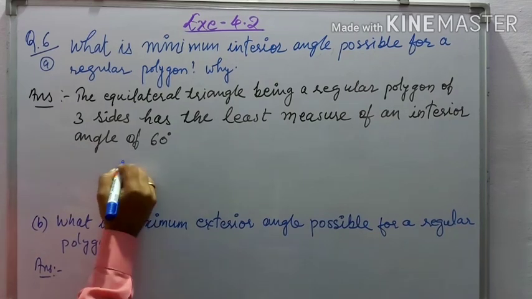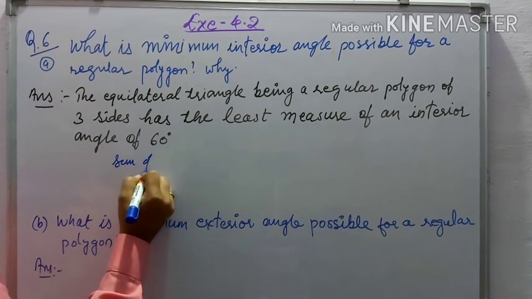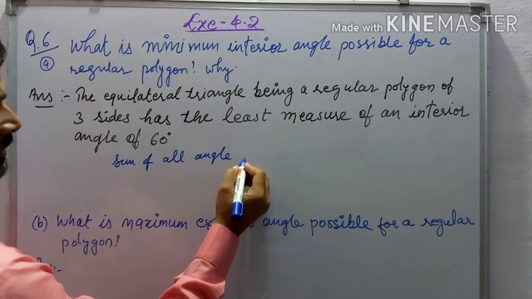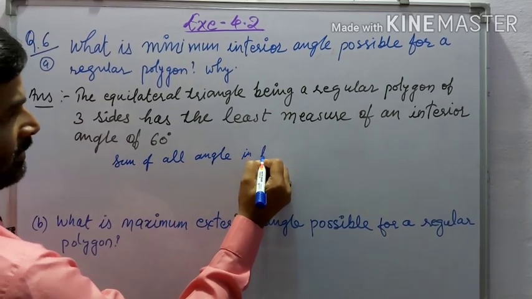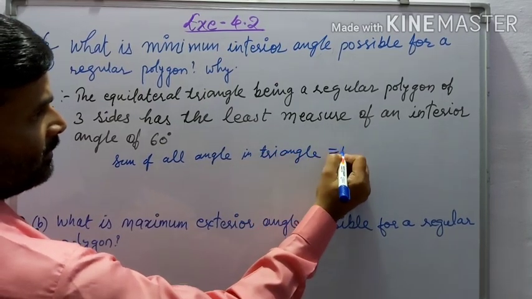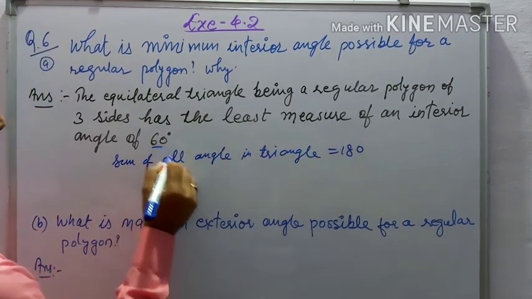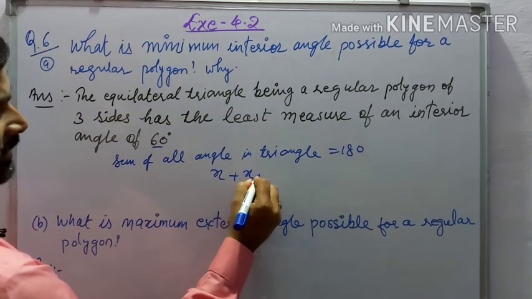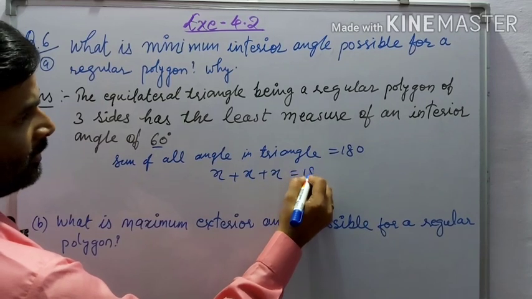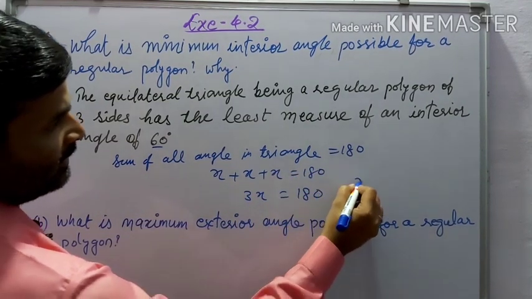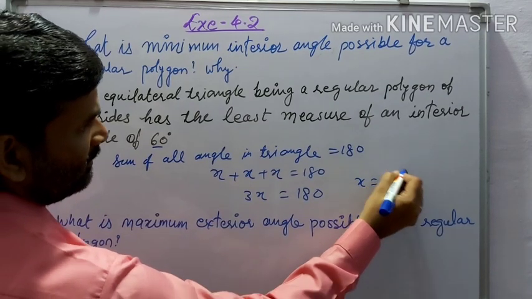The sum of all angles in a triangle is 180: 3 angles, x plus x plus x is equal to 180, 3x is equal to 180, so x is equal to 60 degrees.